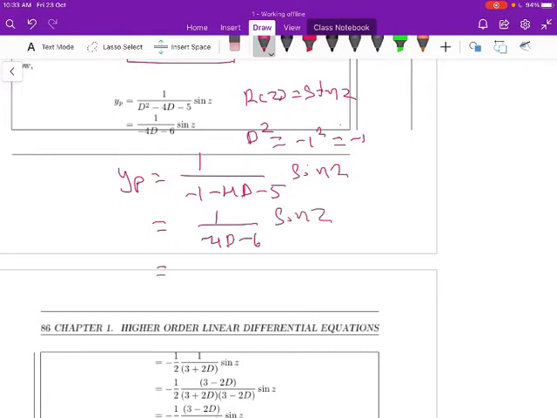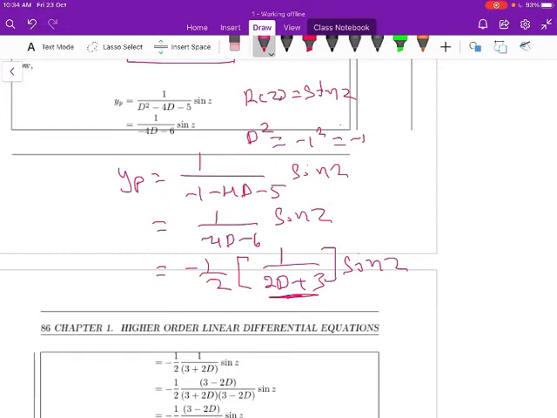So this implies you take minus 2 is common in the denominator, minus 1 by 2 into 1 by 2d plus 3 into sin z. But you cannot operate for the d, so you make it square in the denominator. So therefore multiply and divide by conjugate of 2d plus 3.